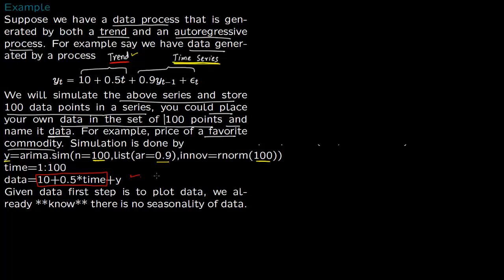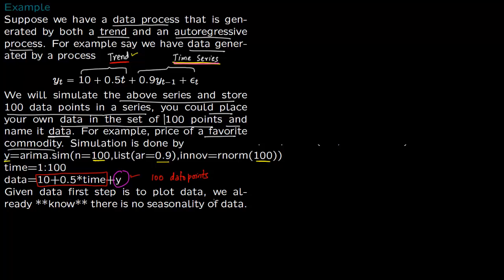So this is 100 data points now. This y is the time series part, and this is the trend part, 10 plus 0.5 t. Here time is a series. R is smart enough to extend 10 to all 100 elements of the vector.